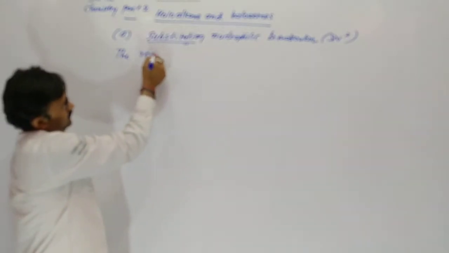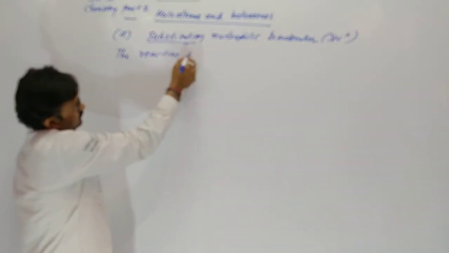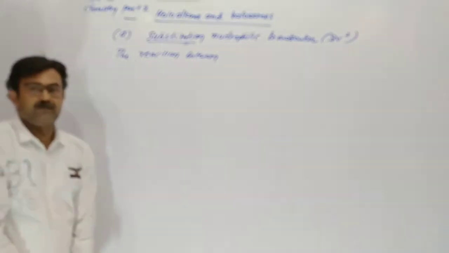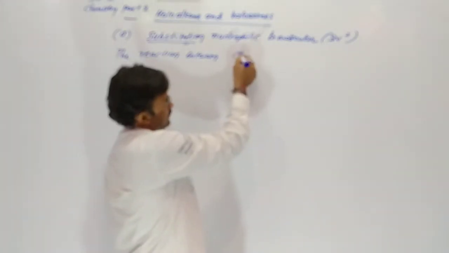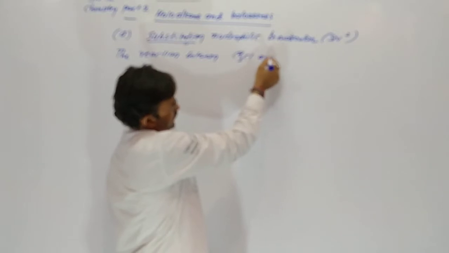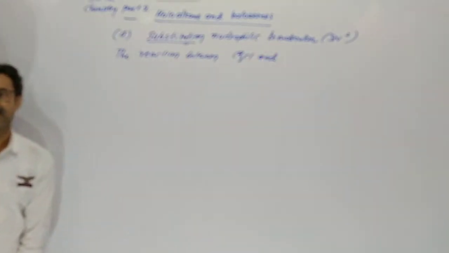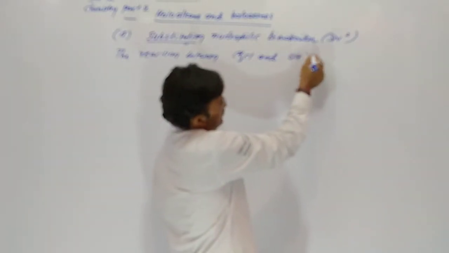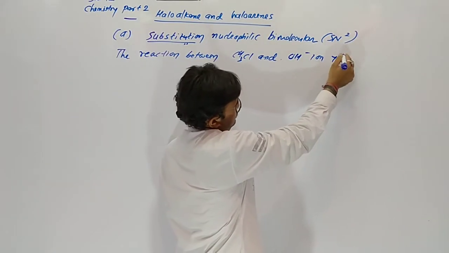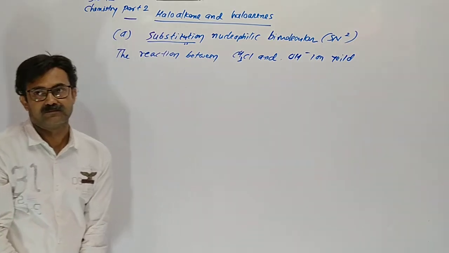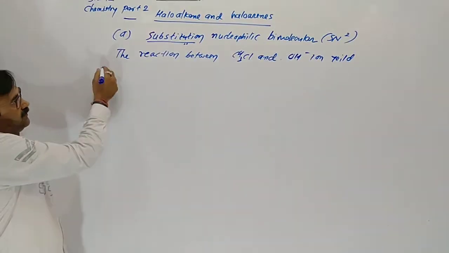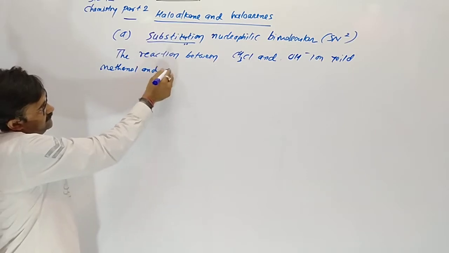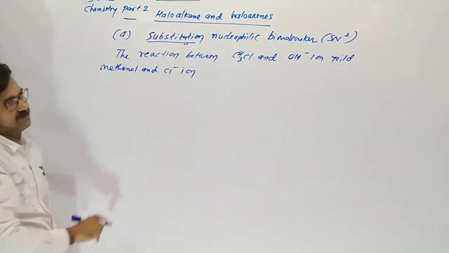The reaction between methyl chloride, CH3Cl, and hydroxide ion yields methanol and chloride ion.